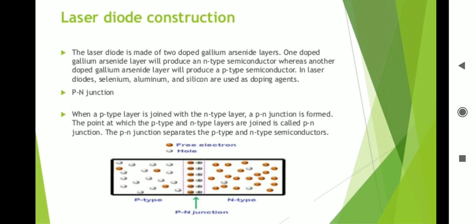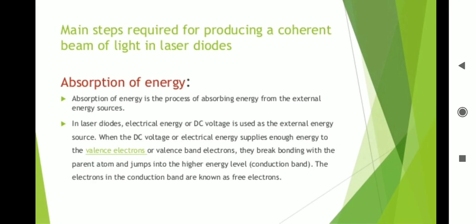Through reflection from this surface, more electron and hole pairs get produced. As a result, more radiation is produced through the device. So these are the main steps for producing a coherent beam of light in laser diodes: absorption, spontaneous emission and stimulated emission.